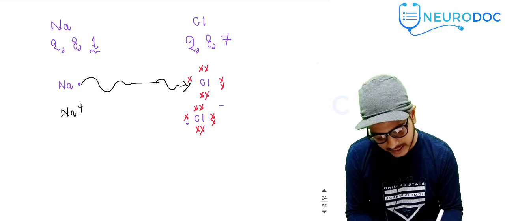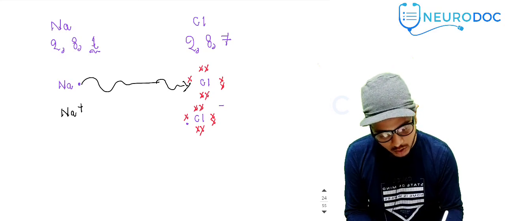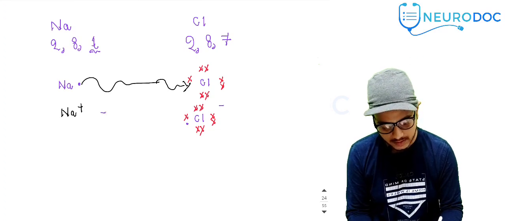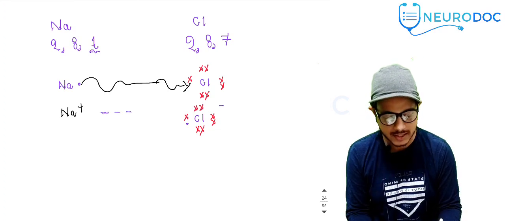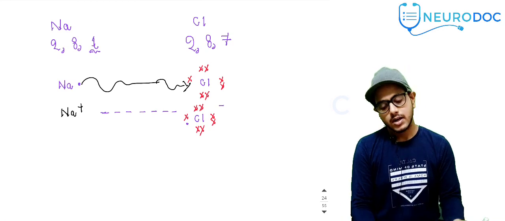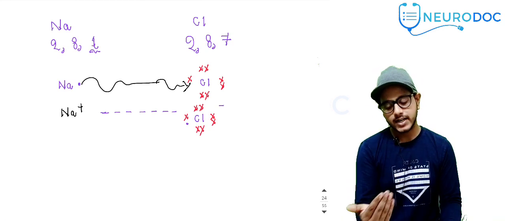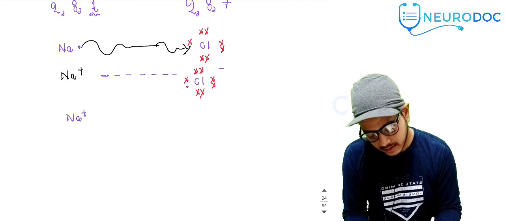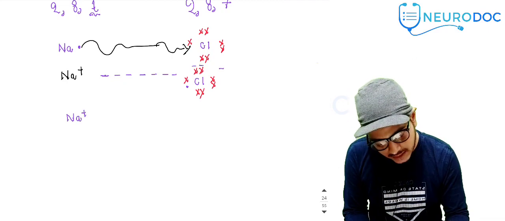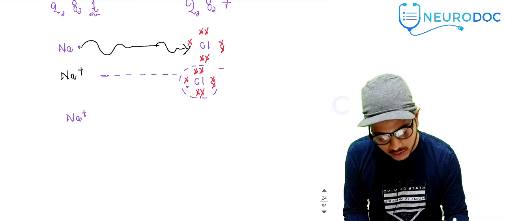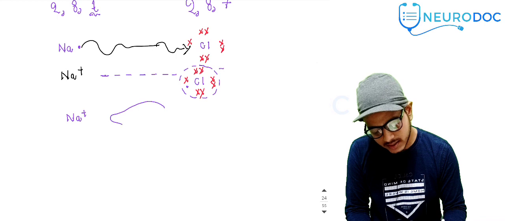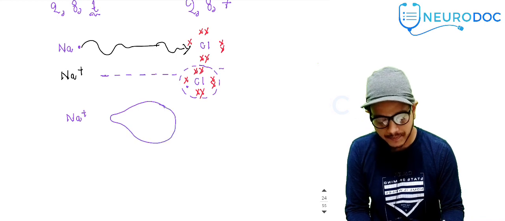So there is an ionic bond between these two. There is a force of attraction, that is the ionic bond. Now under the influence of the cation, that is Na plus, the electronic cloud around the chloride ion is shifted towards sodium, Na plus.